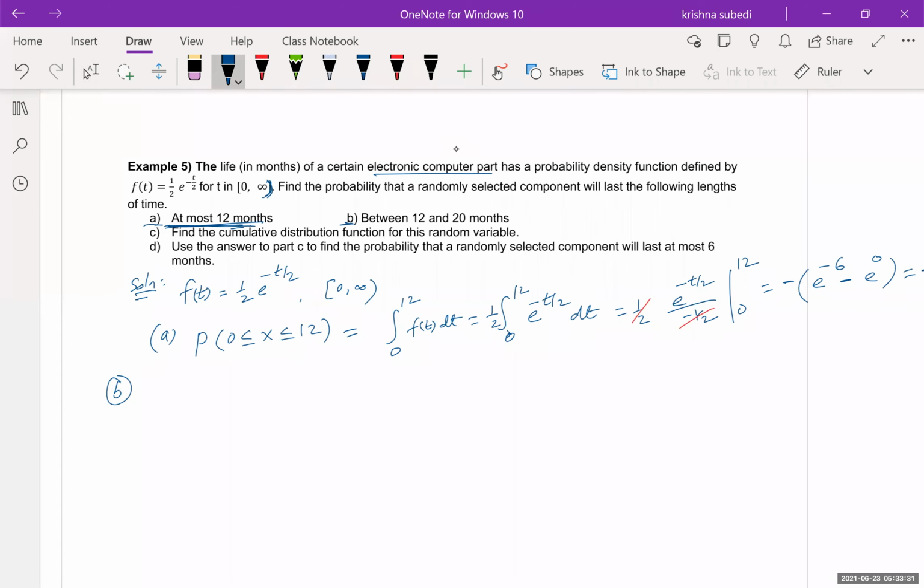Between 12 and 20 months. So we need to find the probability that the computer part will work between 12 and 20 months.